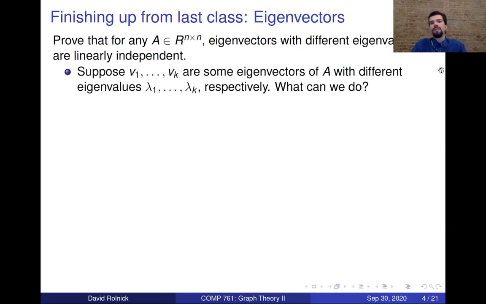Suppose that we have some eigenvectors with different eigenvalues. What are some approaches we could use to show this?